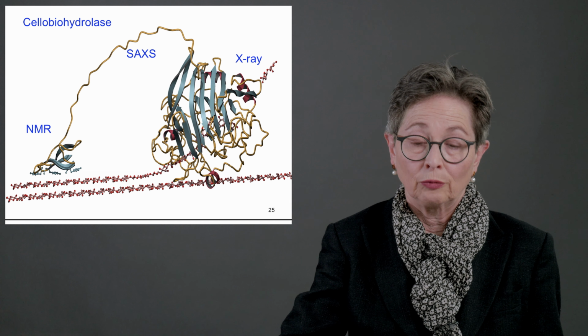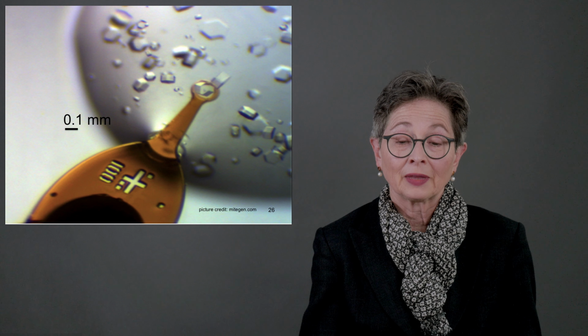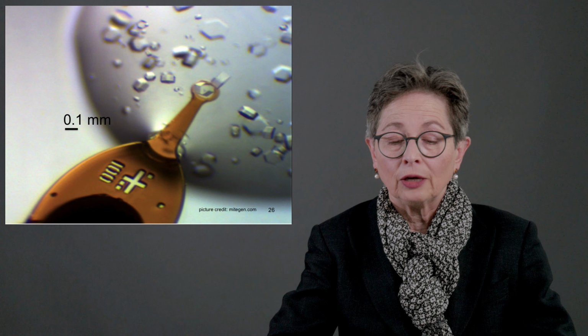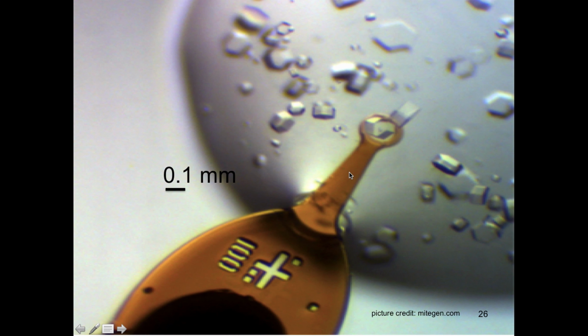Okay, but let's say you're lucky, you've gotten crystals in your screening, and now your problems are still not over. You have to get that crystal out of the droplet and into the X-ray beam. So to do this, we use something called loops, and we say we go fishing with the loops. Here is the loop. These crystals are grown in very small drops.